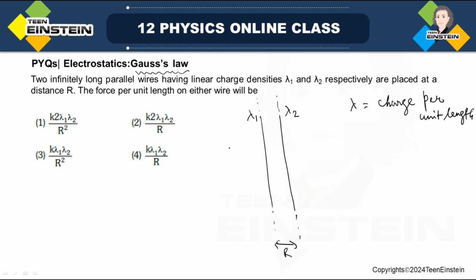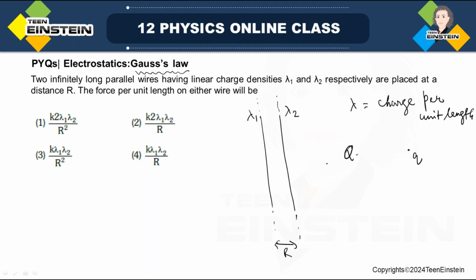So if I have a point charge over here, suppose some charge capital Q over here, and some other charge small q over here, how do they exert force on each other? That concept you have to be clear with. You have to be thorough with this particular concept, that how a charge is exerting force on the other one.